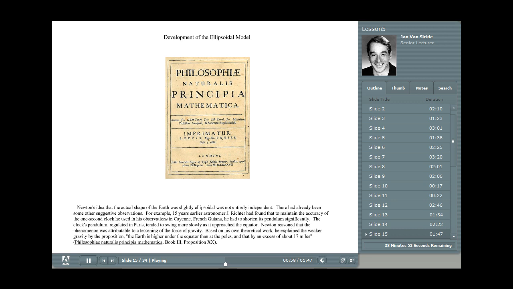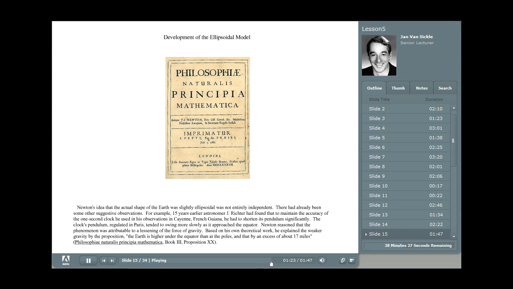And he explained this idea by saying that the Earth is higher. In other words, the Earth is further from its center of mass at the equator than it is at the poles. And he calculated that it was higher by approximately 17 miles.